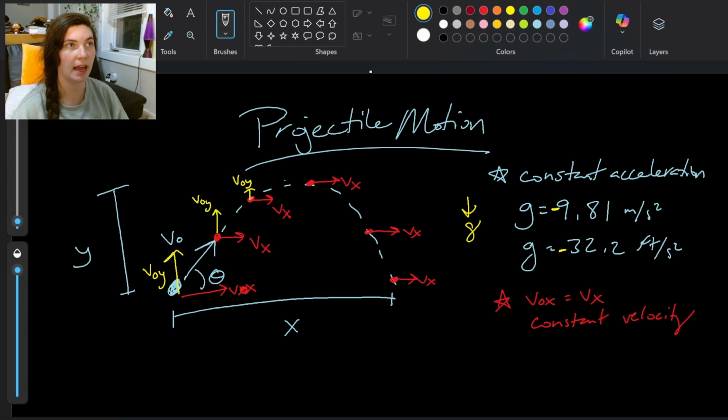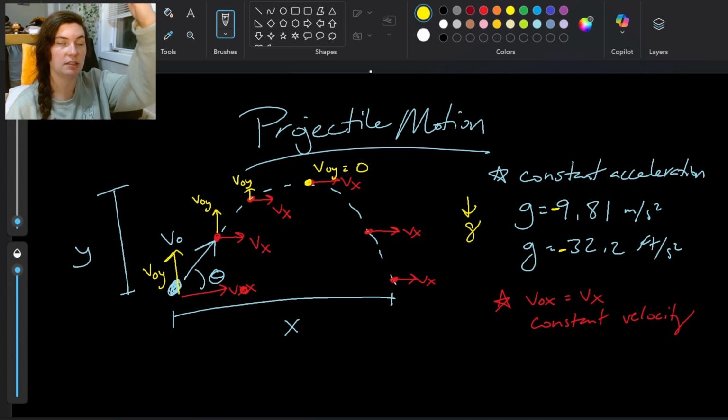The maximum height at the inflection point there, maximum height of my curve, my velocity in the y direction is 0. Right, because my velocity is going to be changing directions. First, I have velocity, this particle is going up, up, up, and then all of a sudden it's going down, down, down with these negative velocities.